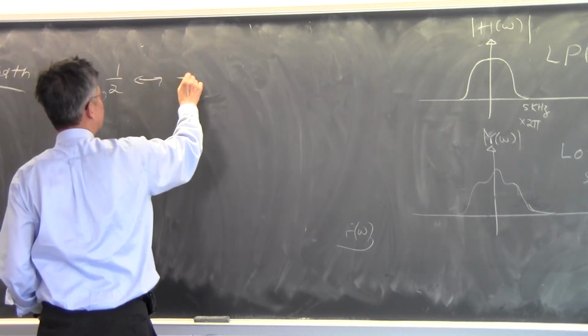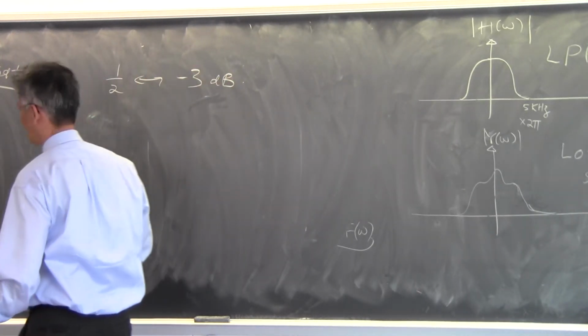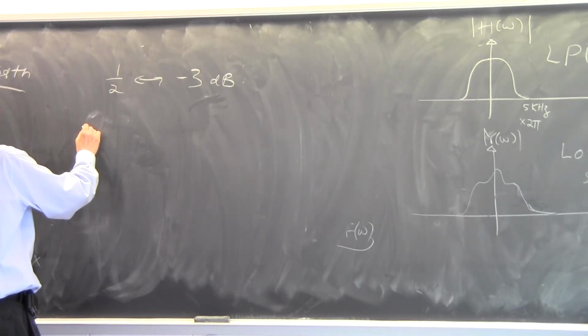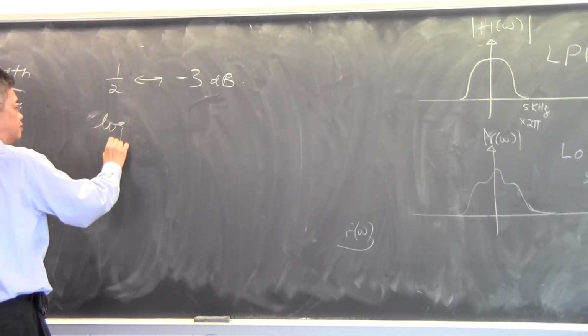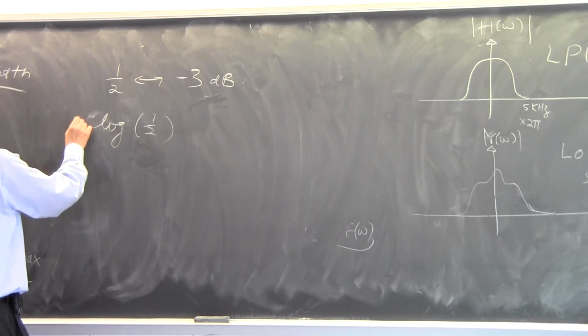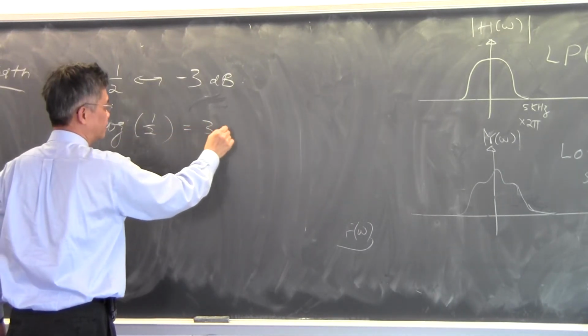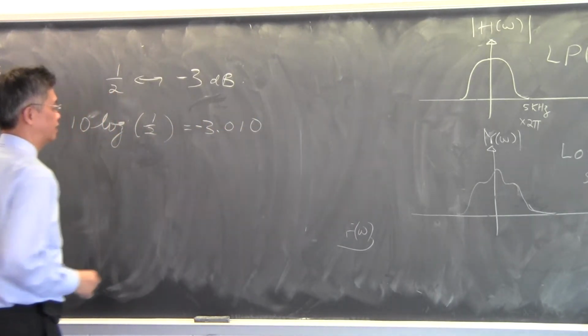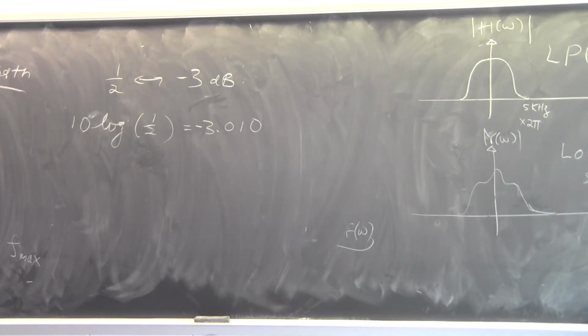So the half power bandwidth is also called a 3 dB bandwidth, or minus 3 dB bandwidth to be precise, because it is the place where the signal has dropped to minus 3 dB from the value of 1 at the original point. Okay?